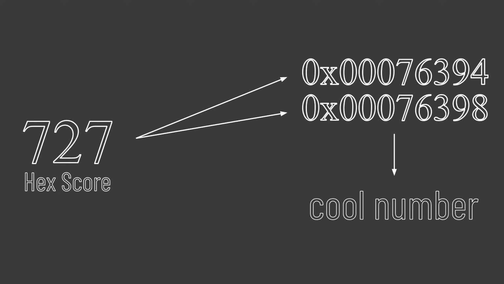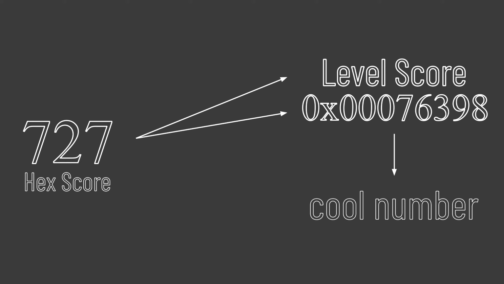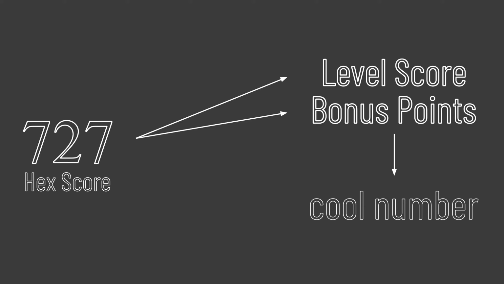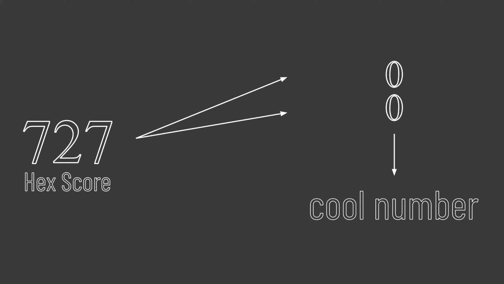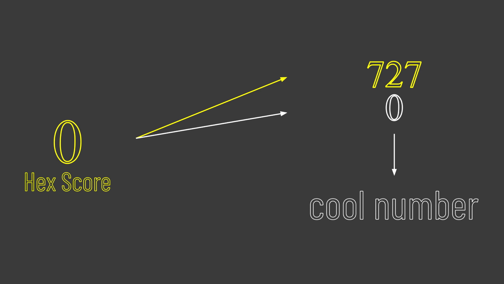We have 0x00076394, which we will just call the level score, and then 0x00076398, which we'll just call bonus point. What happens is that upon clearing the level, the frame that the clear screen begins, the hex score is cleared and then is copied over to both the level score and the bonus points.